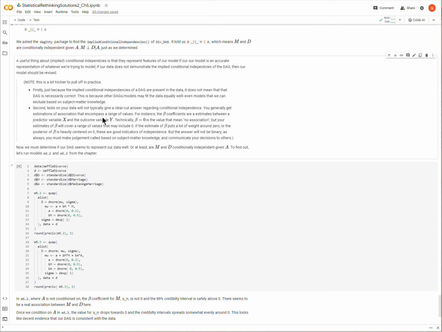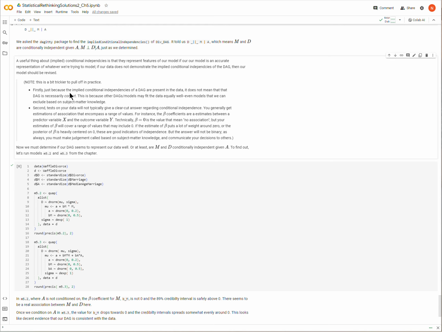Okay, so there's that. Another reason that this is tricky is that even if the implied conditional independencies of your DAG are present in the data, that does not mean that your DAG is correct. It just means that you have not demonstrated that it's false. There are often many DAGs or models that can fit the data.